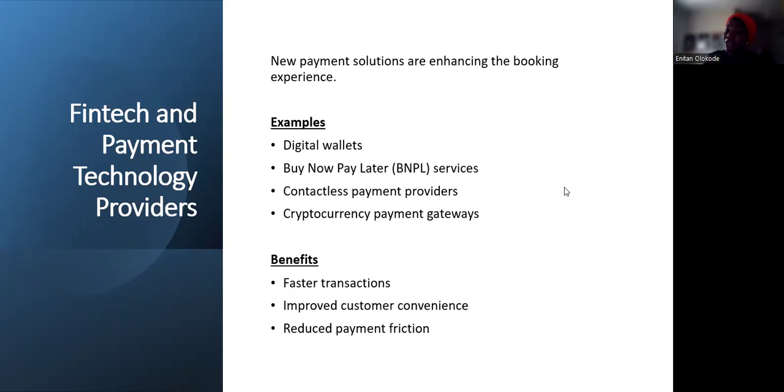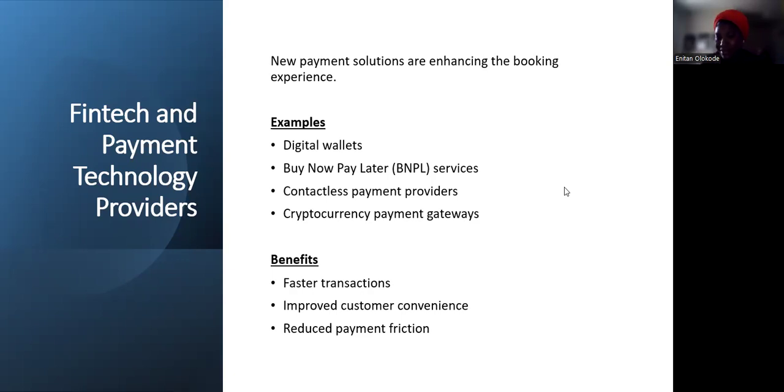So as travelers, as guests that patronize us, they expect flexible payment options and a seamless transaction experience. So as revenue managers, as hotel managers, as hotel owners, what do we need to do? We need to adopt these payment technologies to improve our conversion rates and also attract guests that are technologically and digitally oriented.